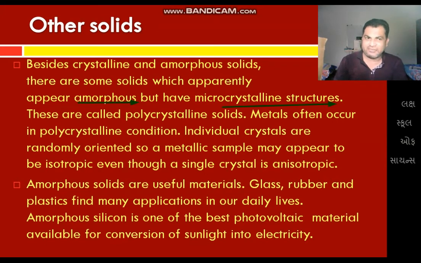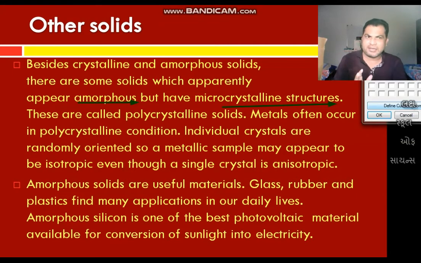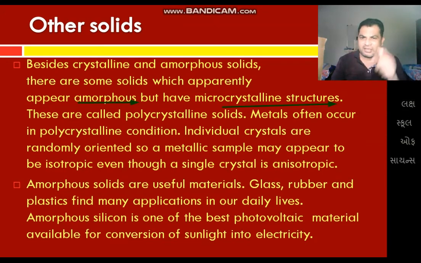That's why we can say they are microcrystalline substances. So I hope you understand what we are going to do today about crystalline and non-crystalline structure, about another world of crystals, solids which are actually in between amorphous and crystalline. These are called polycrystalline substances or polycrystalline solids.